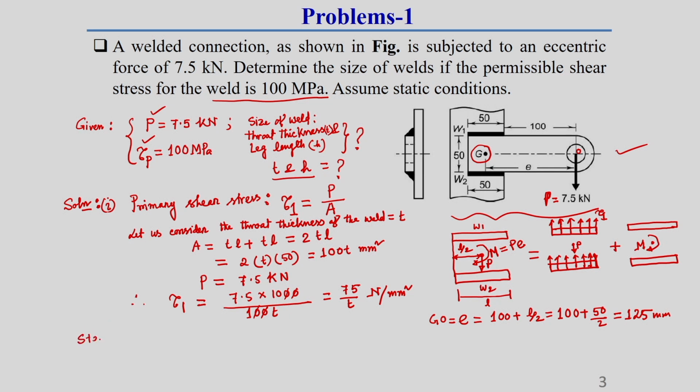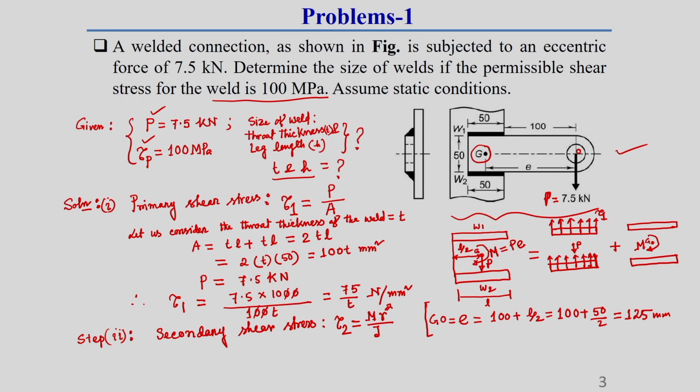The secondary shear stress is tau 2. We know the formula for tau 2 is equal to M r by J. This is very well known to you, I have already discussed it in the last lecture. From here we observe that this tau 2 is proportional to the radial distance r. Here you can see the radial distance r. So, this is the G.